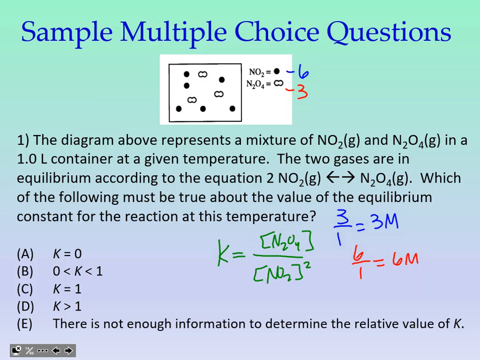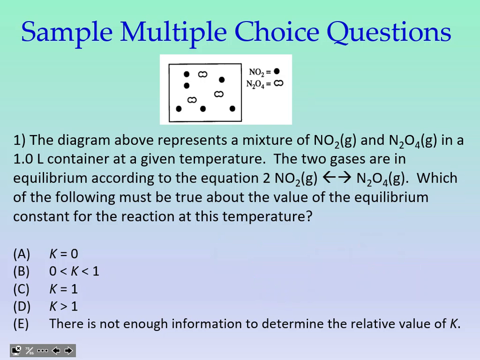So basically what we have here is 3 divided by 6 squared. Do I even really have to calculate that? No, I don't, because that's going to give me a number that is less than 1. And it's obviously going to be then which answer? B. So that would be the correct answer there.